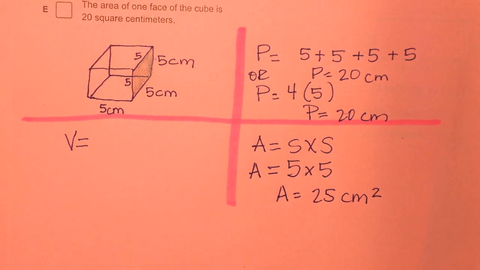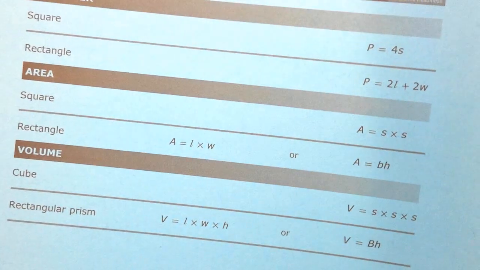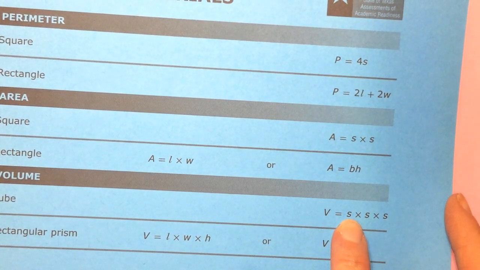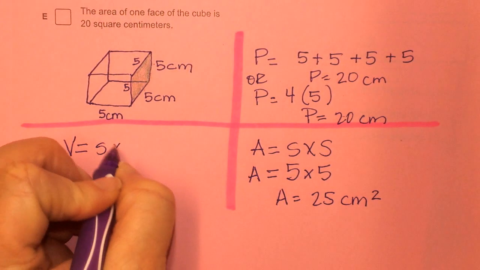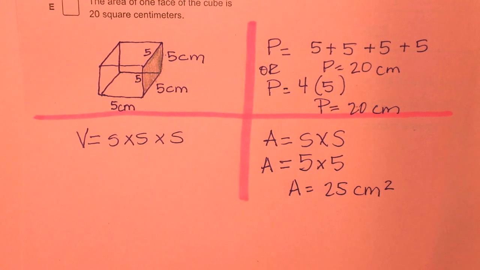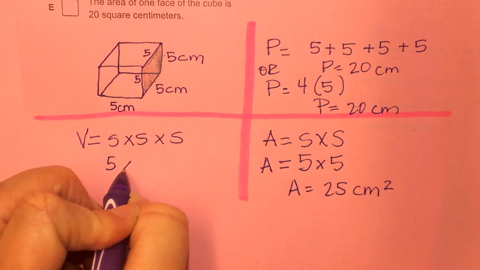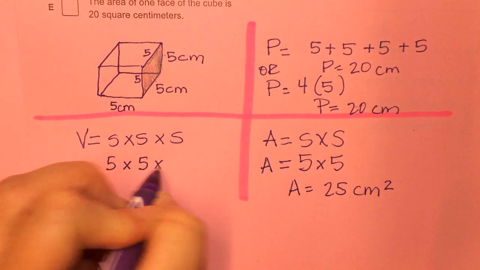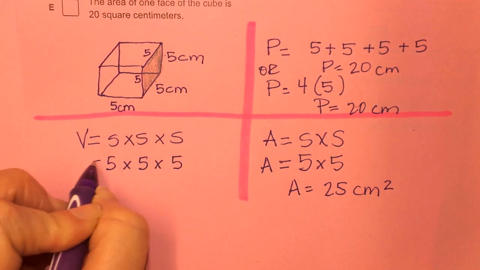And finally, to find the volume of a cube, we need side times side times side. Well, the side is 5, the other side is 5, and the height is 5.